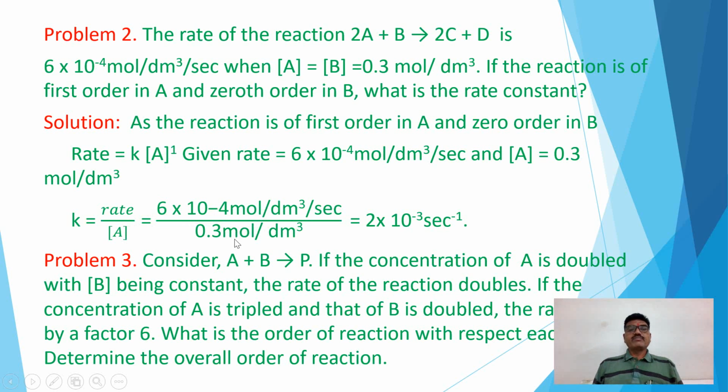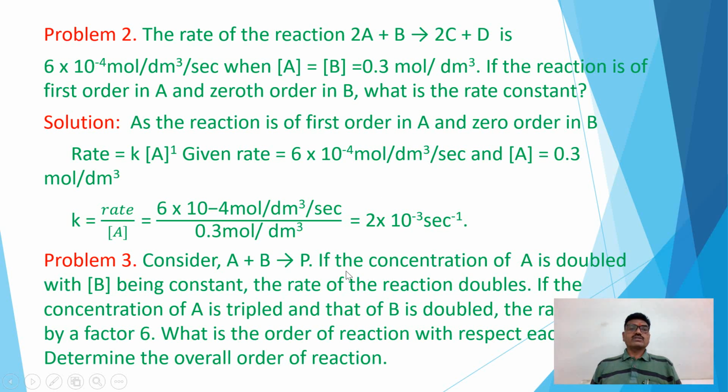Again, by making the cancellations or dividing, we will get 2 into 10 to the power minus 3 per second. That is the rate constant value. In this way, we can easily determine the rate constant with the help of the given data.